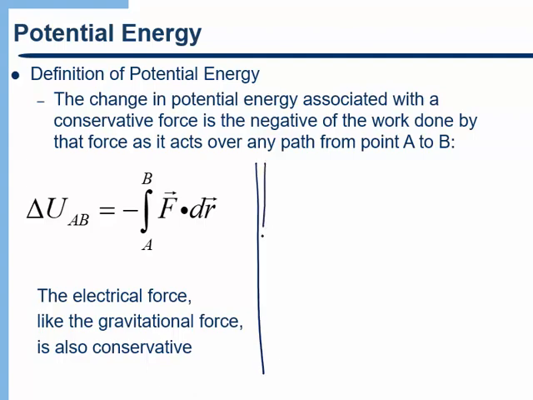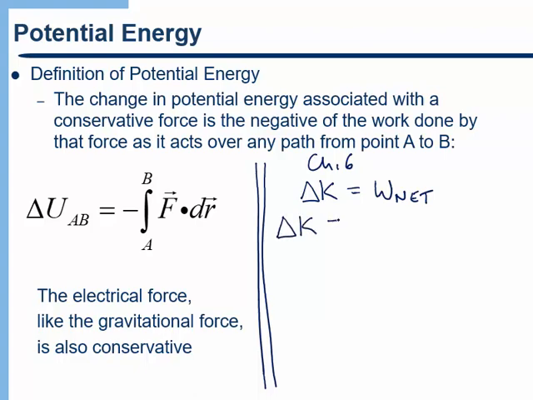I want to remind you of how we got to our current version of the work energy theorem. Back in chapter 6, the work energy theorem that we had was that the change in kinetic energy was equal to the net work done by all forces present. Okay? And what we did then was we said, let's separate out the work done by conservative forces like gravity and keep those separate from the work done by non-conservative forces.